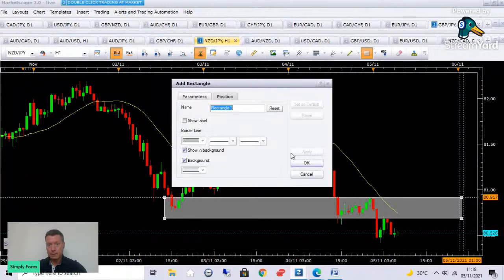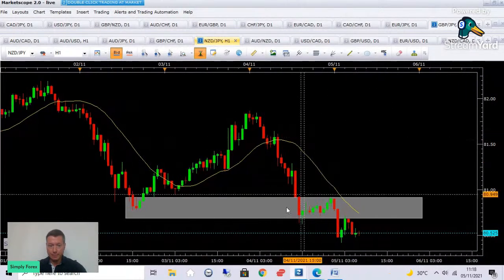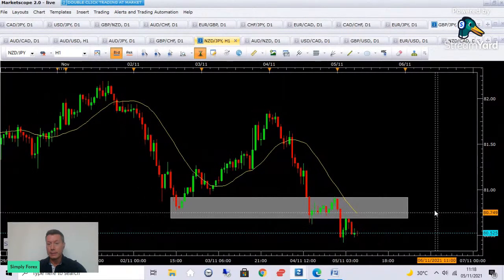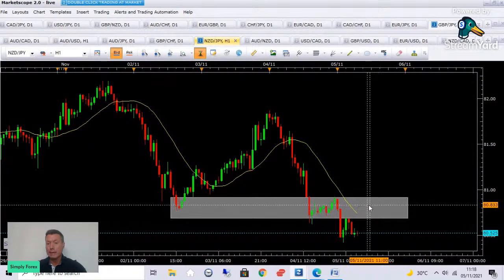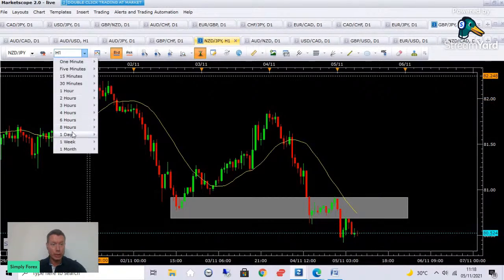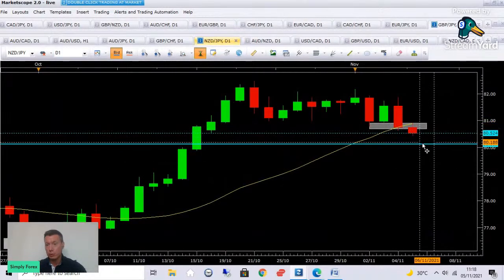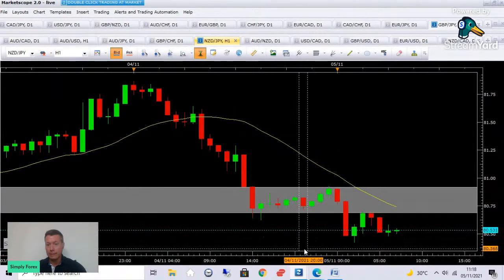This grey zone is now the zone that I'm looking for a bearish candlestick pattern. Remember, we can take the trade back down to the low, but from the day chart, this trade has potential to go down to 80.15. So New Zealand yen short, we like this trade.